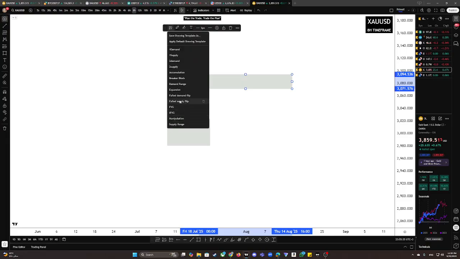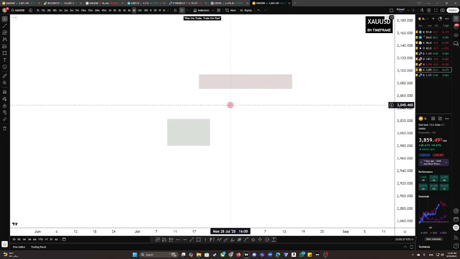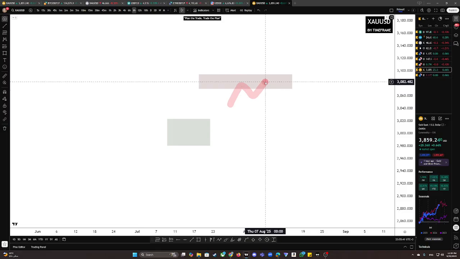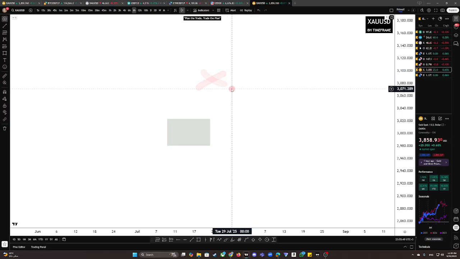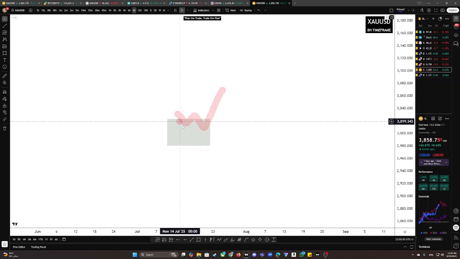If I have a nice resistance zone from here and price hits it once and then drops a little and then goes back towards this resistance zone, you should clear this resistance zone and remove it from your chart, because it means that the resistance zone has been mitigated. And when you have a demand or a supply zone that is mitigated, it means that it is not likely to work.